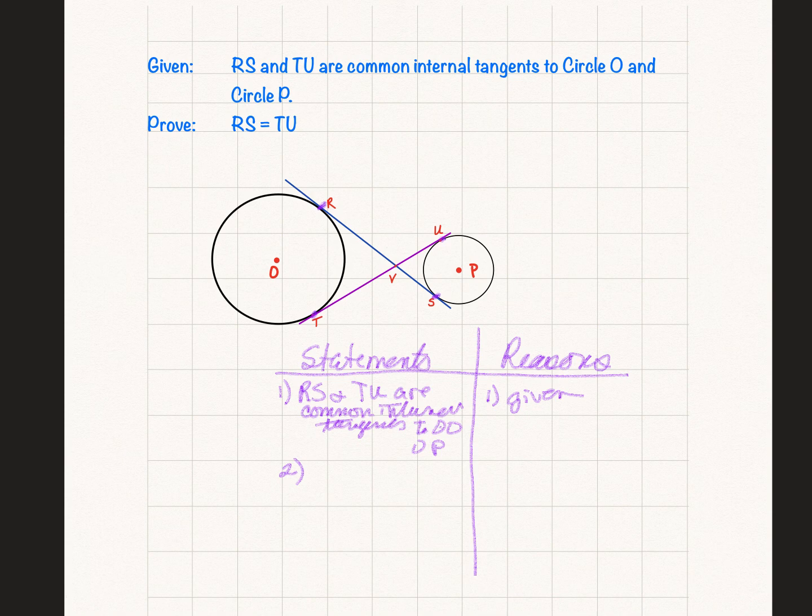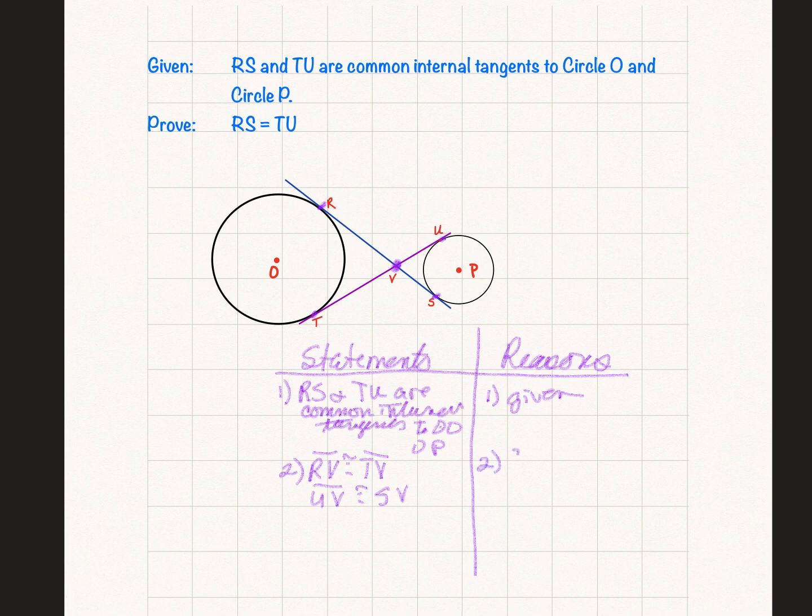But the first thing that I see is that I have this point outside the circles, V. And we have the theorem that says from a point outside the circle, the tangents to the circle are congruent. So I know that I could use that theorem to say that RV is congruent to TV, and the same theorem to say that UV is congruent to SV.